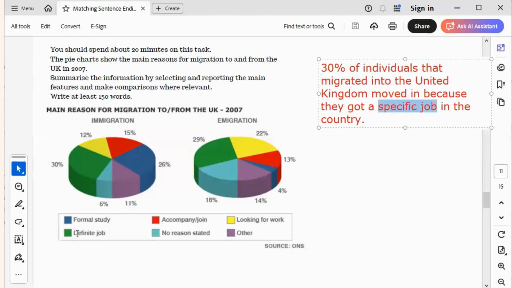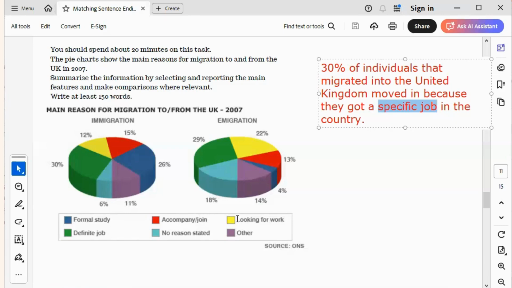Definite job. Some people will see this and they will say that 30% of individuals that moved into the UK was definite job. What does that mean? That does not make any good English sense. So you need to understand what this thing means. Some people moved in because they got a definite job. Some people moved in because they came for formal study. Some people moved in because they accompanied somebody or came to join somebody.